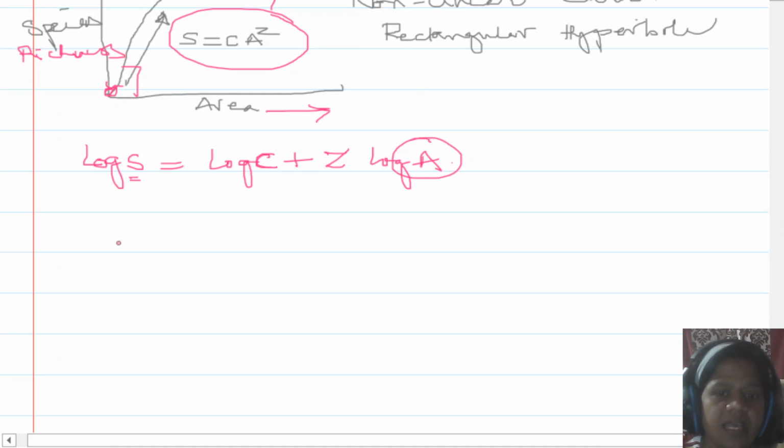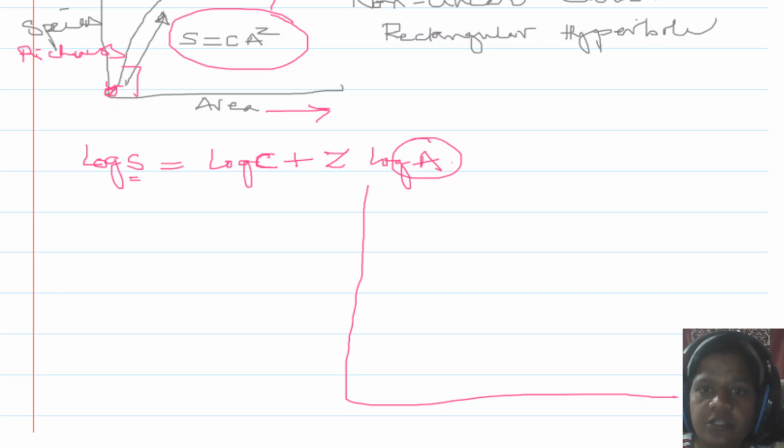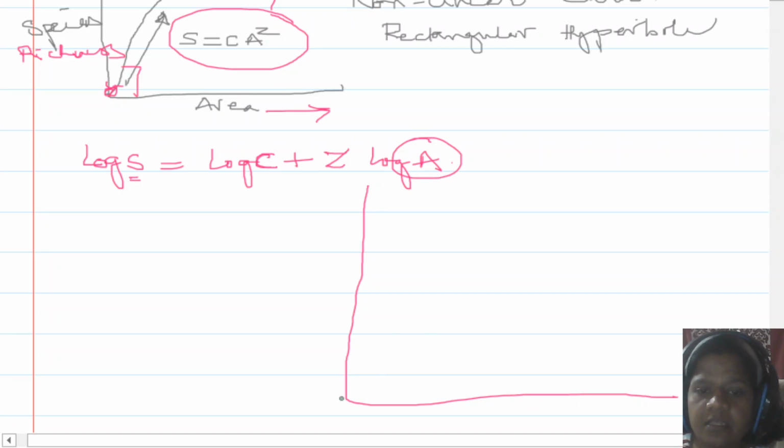Okay, so log S equals log C plus Z log A. When we take the logarithmic scale, then we get a curve which looks like this.